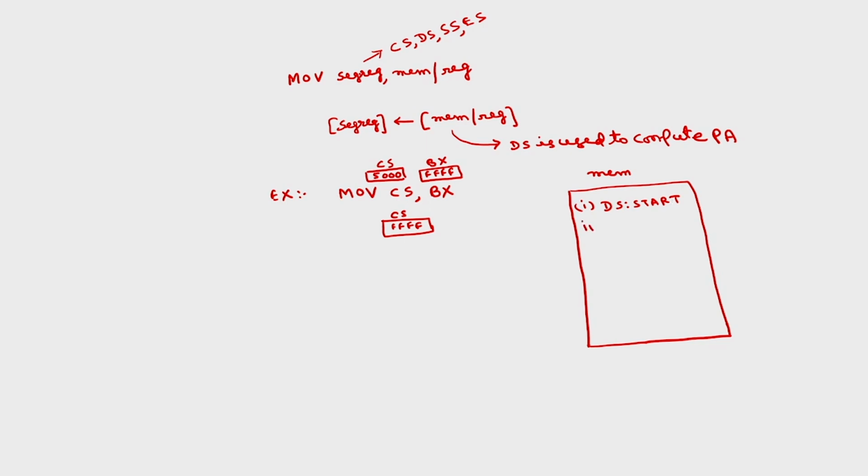Second, it can be the contents of BX or BP, SI or DI. This is called register indirect addressing mode.